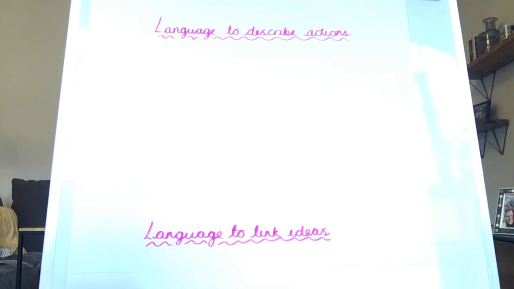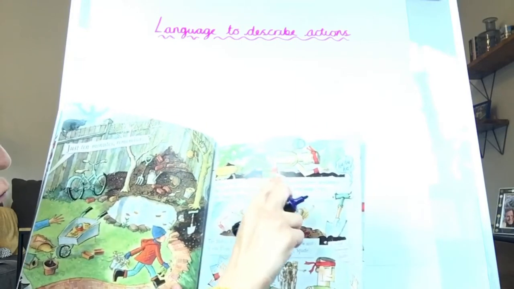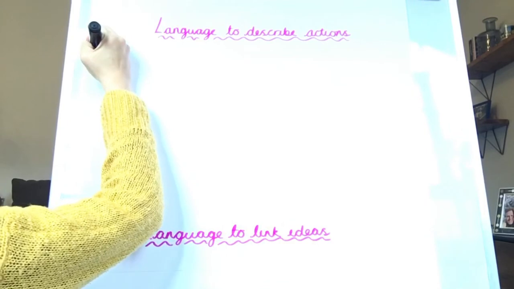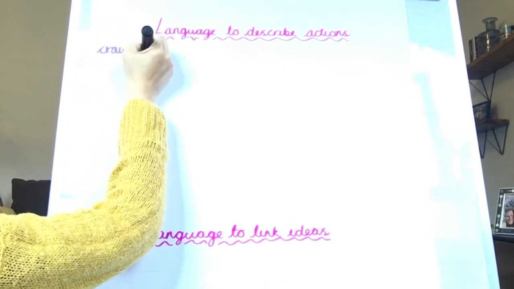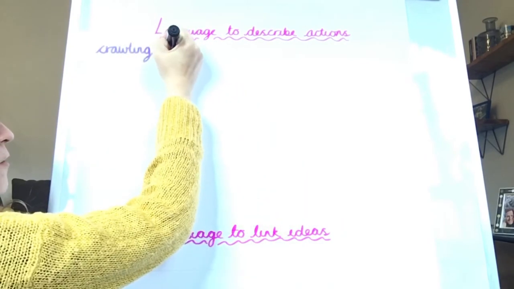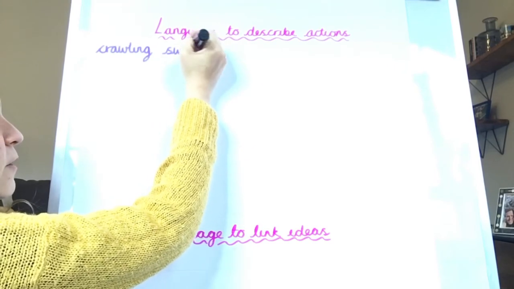Okay, once I've got the language to describe the setting, I need language to describe actions. So thinking about the actions that Traction Man, Scrubbing Brush and the other characters do in this narrative, I'm going to need verbs and adverbs, aren't I? So crawling. Instead of quickly, I could use the adverb swiftly. Crawling swiftly.